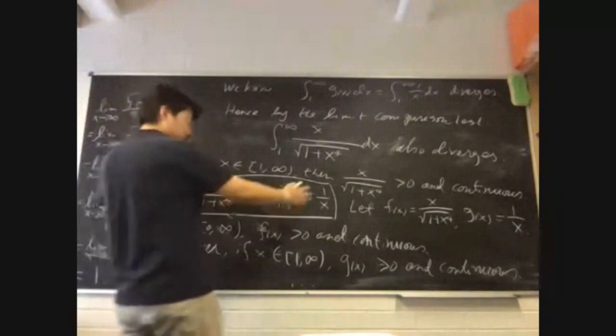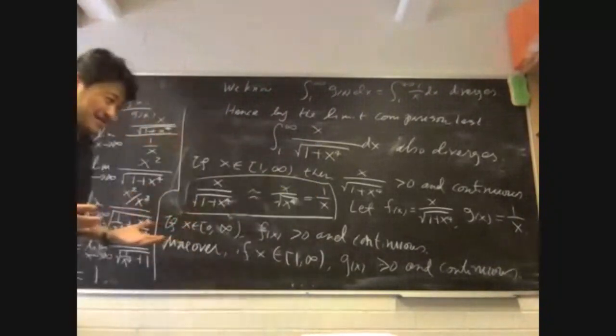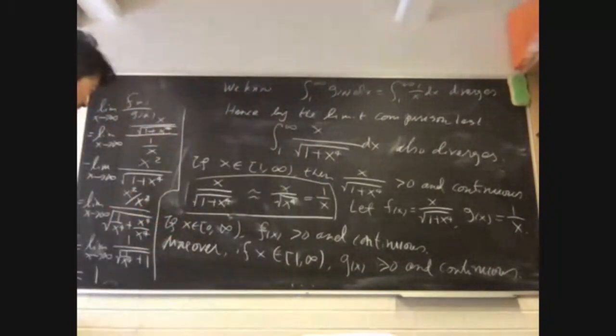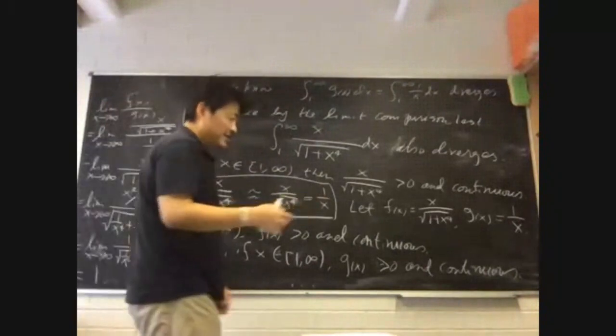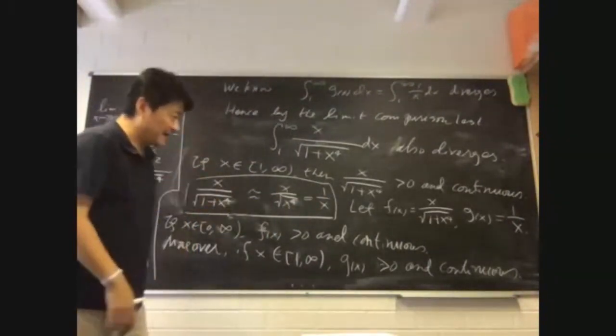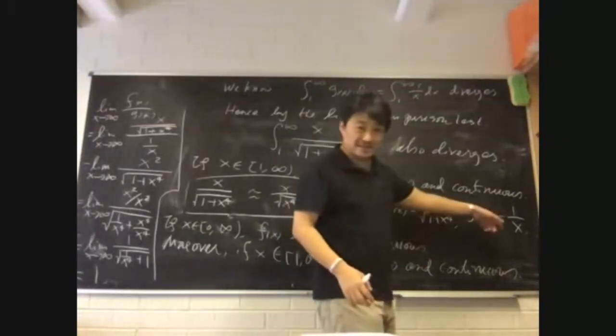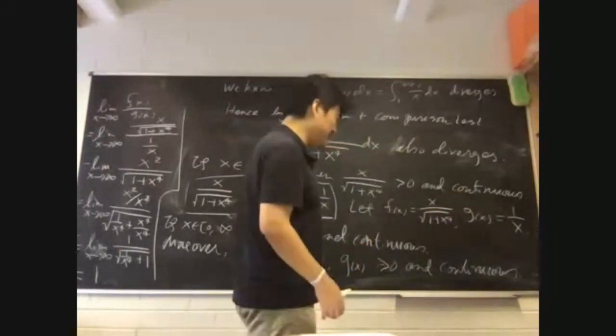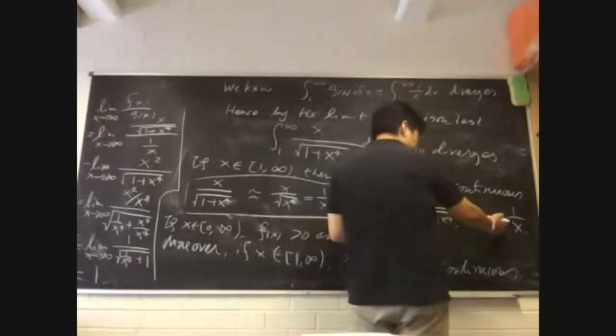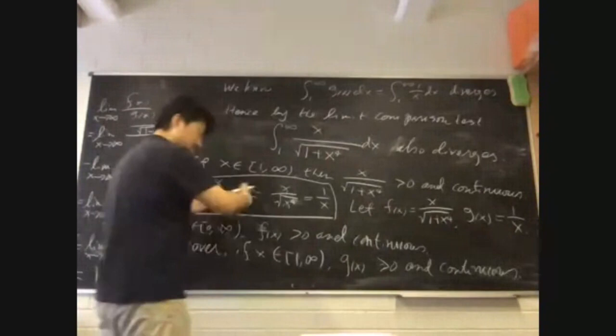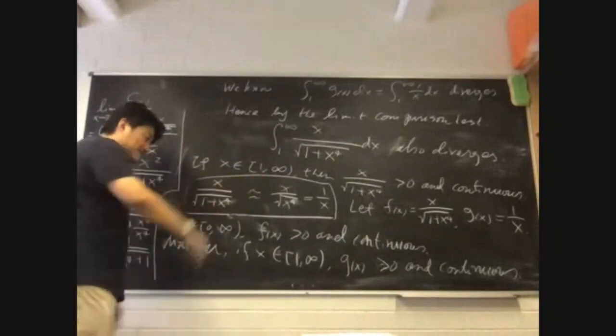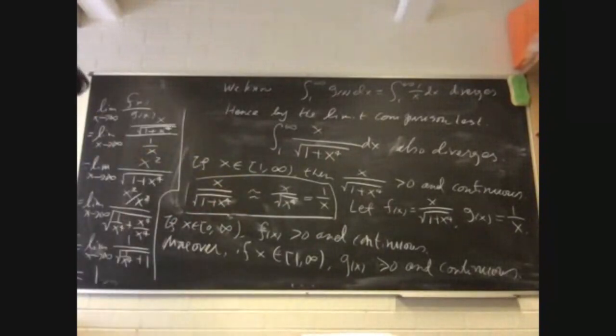So this is approximately 1 over x. That suggests that the other function with which we want to compare f of x should be 1 over x. And once we have f of x and g of x, motivated by this consideration, we can apply the limit comparison test.